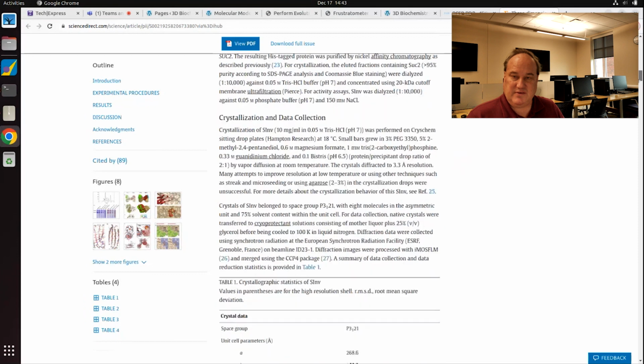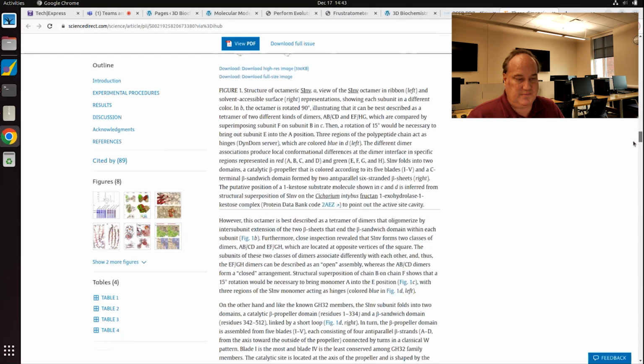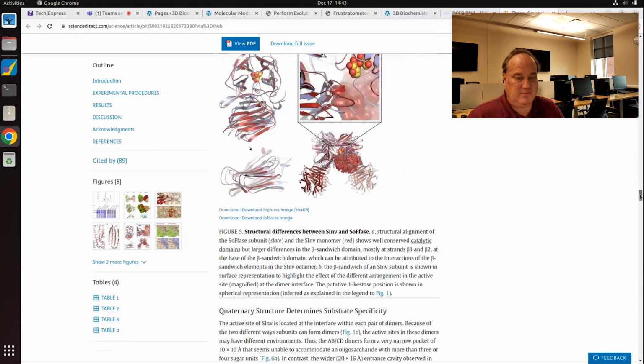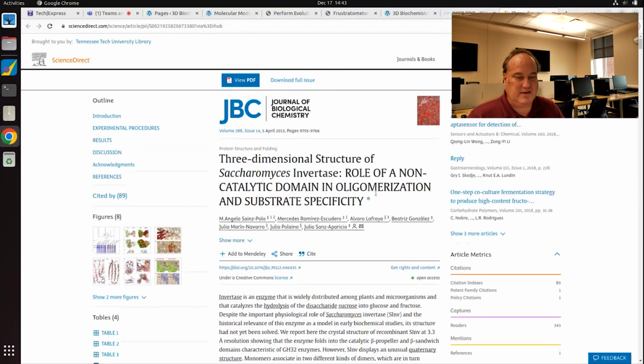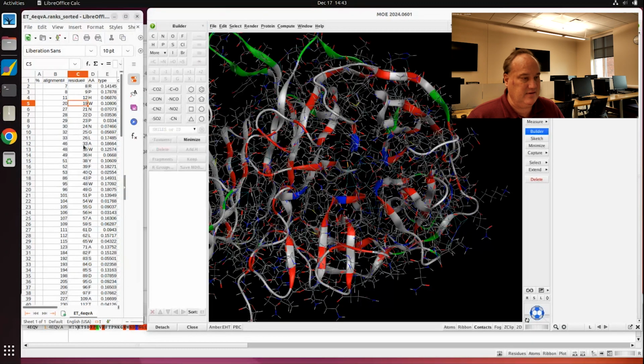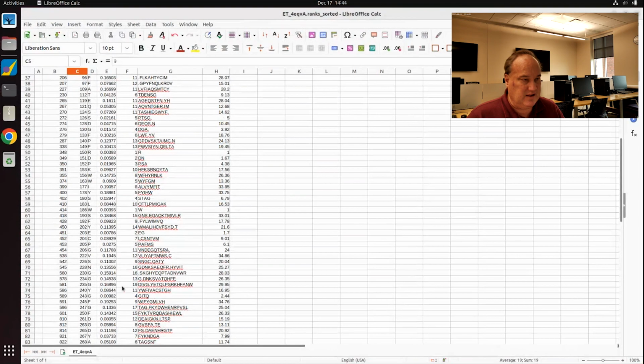It also tells us a lot about specific residues that are highly important. If you read this in detail, it tells you that residue glutamate 203 is very important. In fact, glutamate 203 is one of the most important residues in invertase. That's actually the catalytic residue.